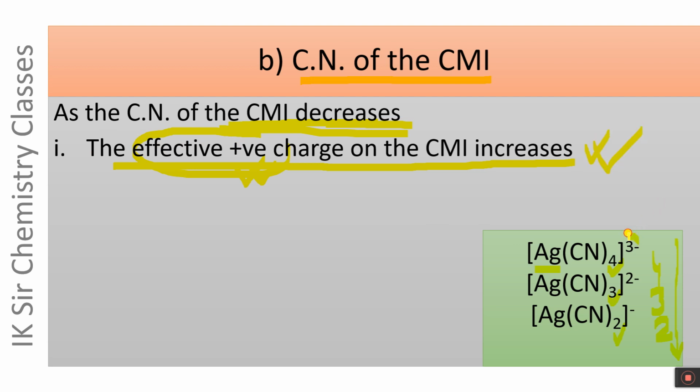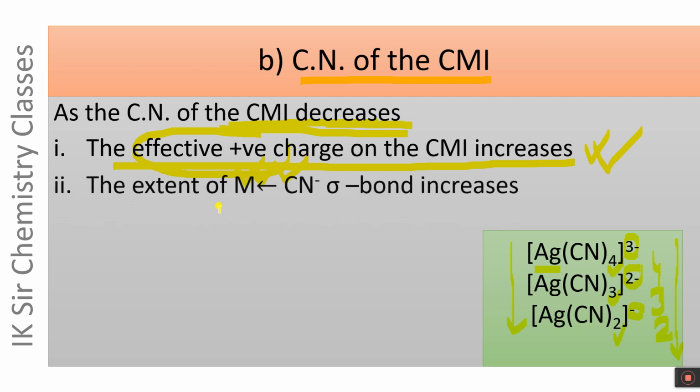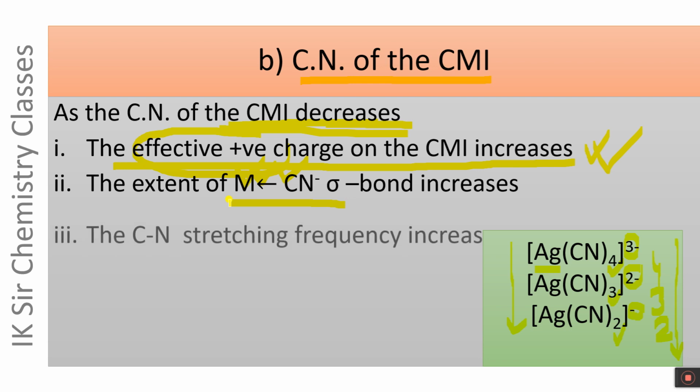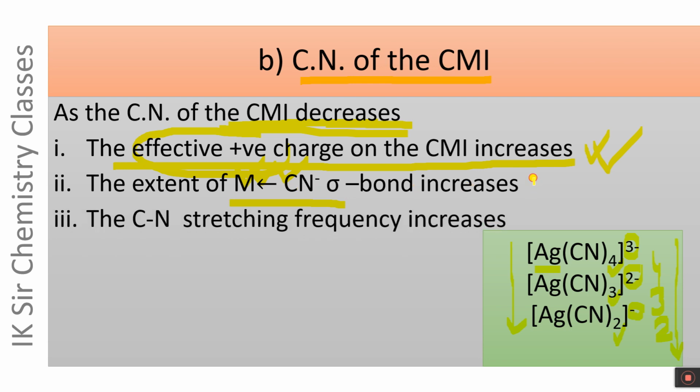There are 3 negative charges, 2 negative charges, 1 minus charge. The negative charge is decreasing. As a result, the effective positive charge on the CMI will increase, and with the increase in the effective positive charge on the CMI, the extent of this sigma bonding increases, and as the extent of sigma bonding increases, CN stretching frequency also increases accordingly.